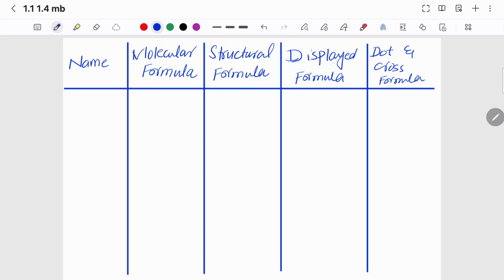I hope from this table you will well understand the differences between all these types of formulas.